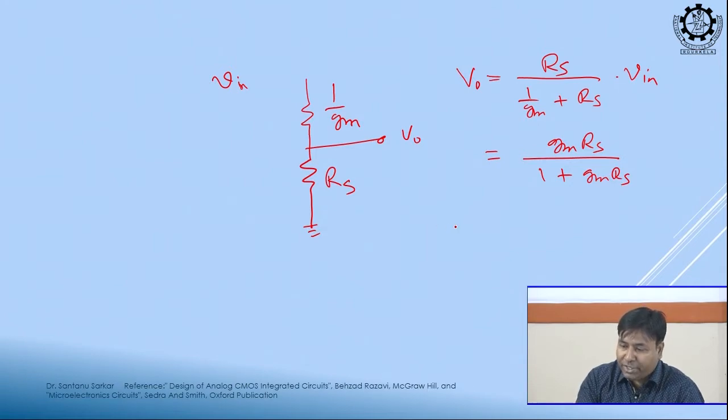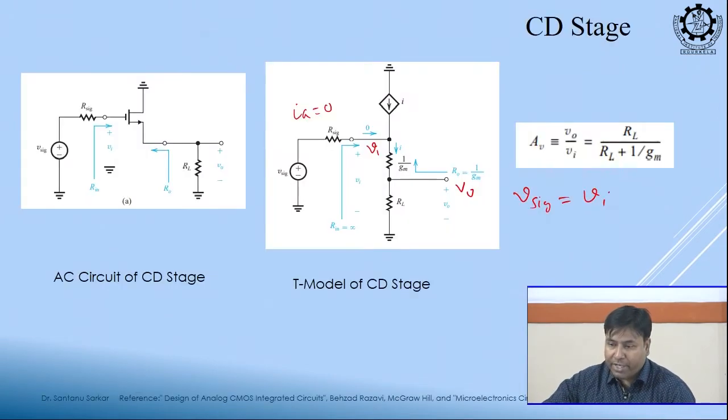If we roughly neglect that, Gm Rs is much larger than 1, so it will become close to 1. The gain is close to 1, but it is less than 1. Okay. So, this is our expression.